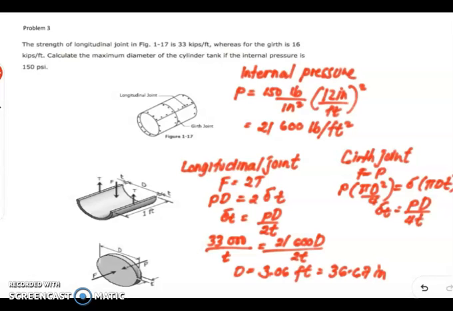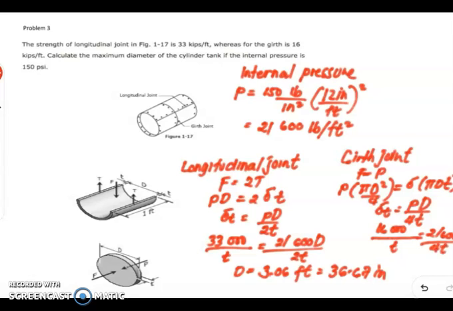So for the girth, we have our force, which is 16 kips per feet, or 16,000 all over the area, which is T times 1, since we consider a 1 feet length, is equal to 21,600 D all over 4T.